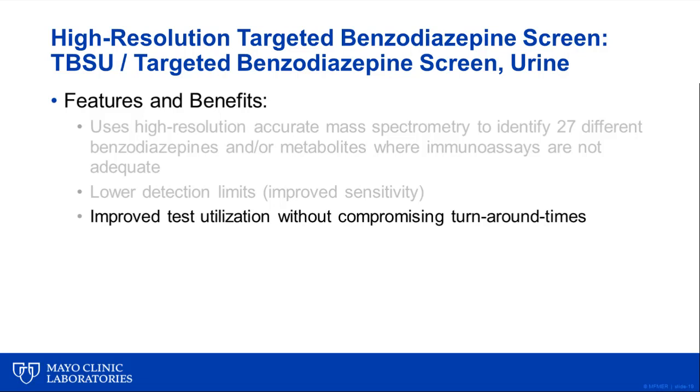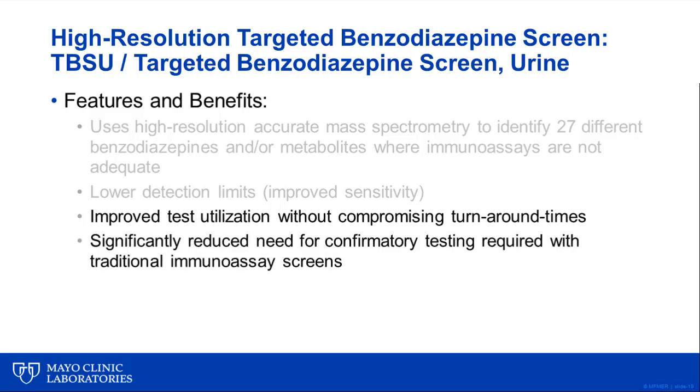The high-resolution targeted benzodiazepine screen will also improve test utilization without compromising turnaround times. It will reduce the need for confirmatory testing that is required with traditional immunoassays, since they don't specifically identify which benzodiazepine is present when the assay is positive.